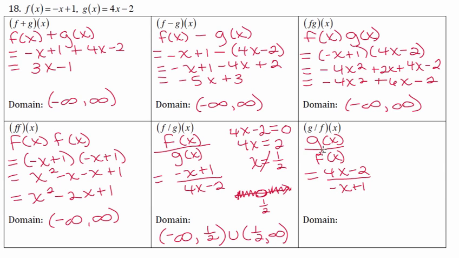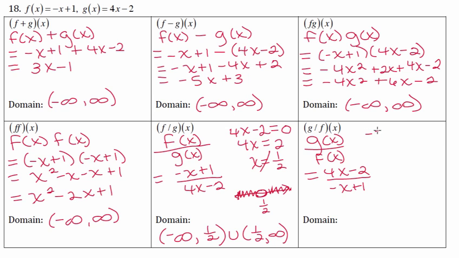Once again, we have the domain being the same as f plus g, minus g, and times g, except you have to exclude what makes the denominator equal to 0. The domain of g over f of x is the intersection of the domains of f and g, excluding what makes your denominator equal to 0.